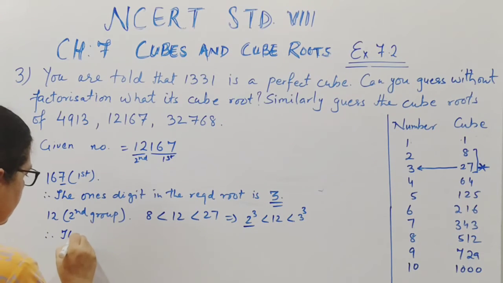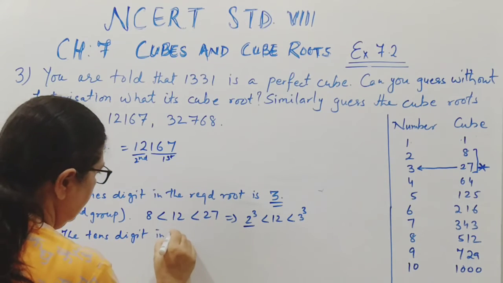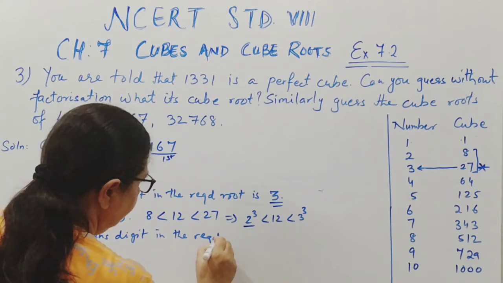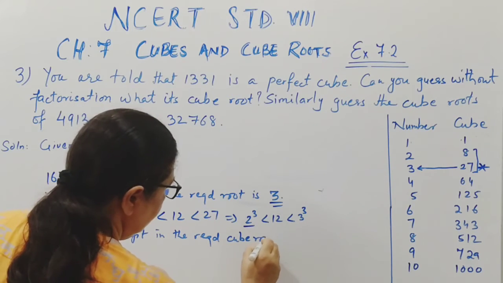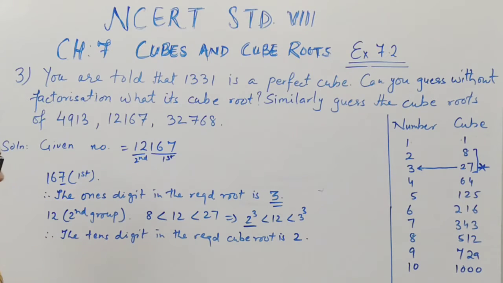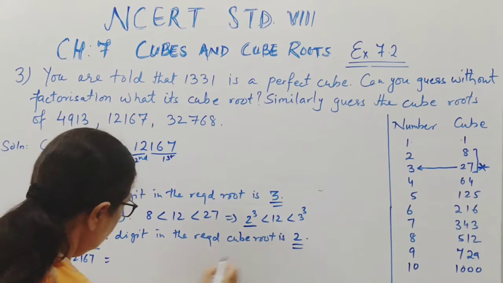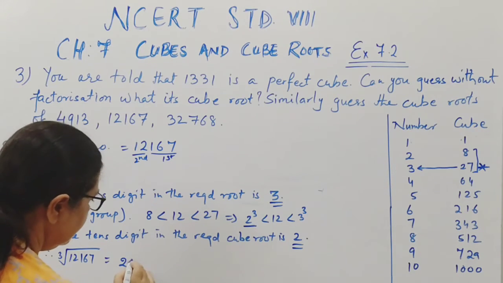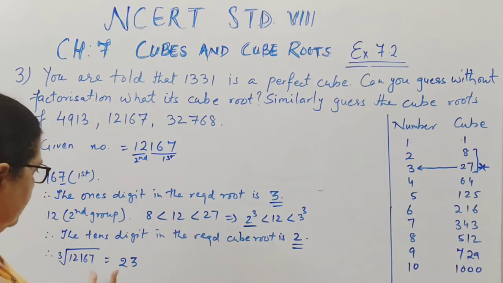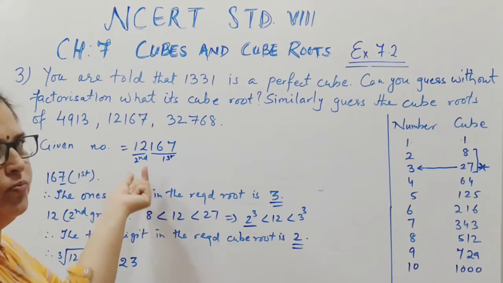Therefore, the tens digit in the required cube root is this smaller digit, that is 2. Therefore, cube root of 12,167 is tens digit 2 and ones digit 3. Cube root has only 2 digits because we have only 2 groups.